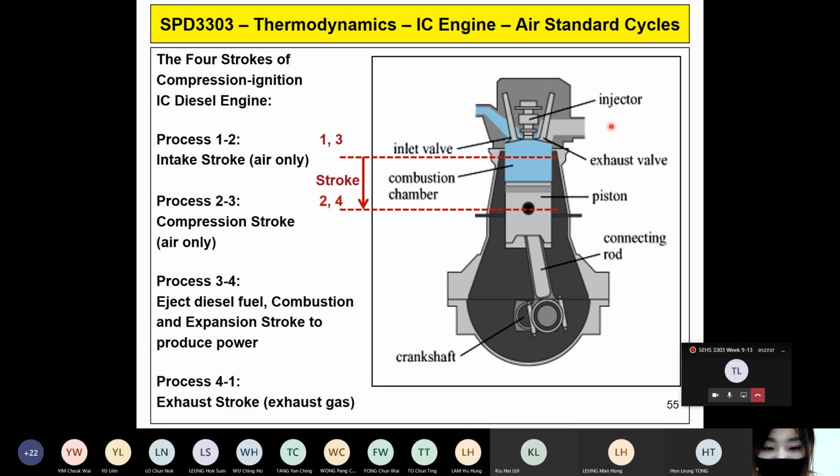The chemical energy inside the fuel is released and turned into heat energy, which is absorbed by the combustion gas.